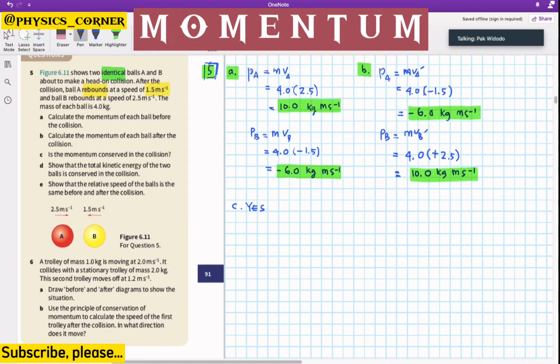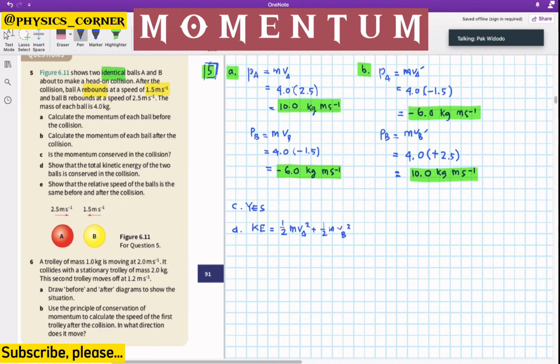Then, total kinetic energy of two balls is conserved in the collision. Kinetic energy before is a half m va square plus a half m vb square.